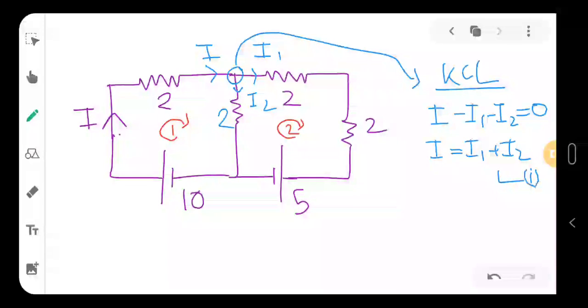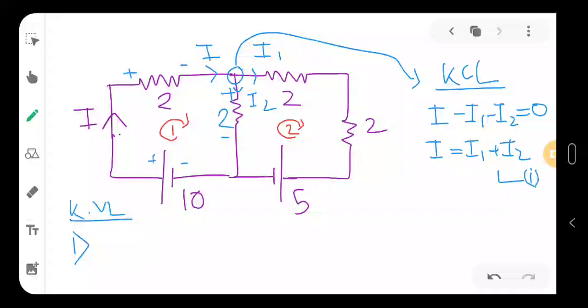Now we will be finding Kirchhoff voltage law. For the first loop we are finding at the beginning. For the first loop I can write here, so give the plus and minus signs at the beginning. This is plus because current is entering, minus, this is plus, this is minus, and this we have minus, plus.